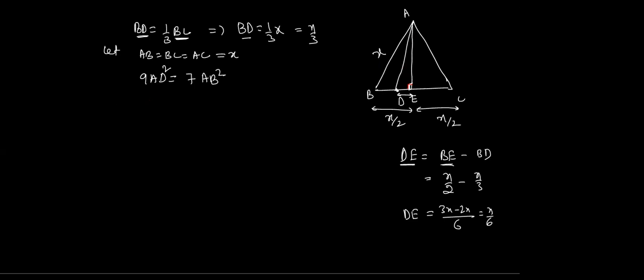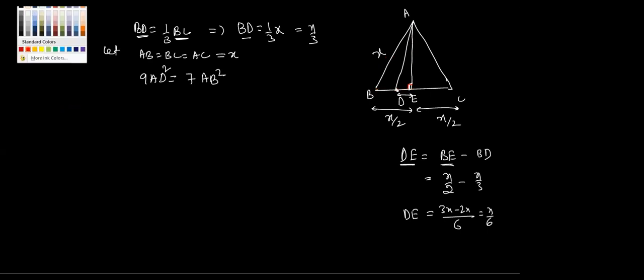So you can write this side squared will be equal to this side squared plus this side squared. Or you can write it this way if you're having some problem. Let me change the color.